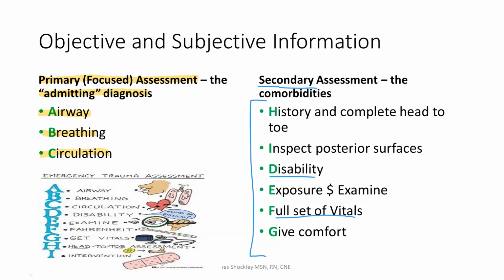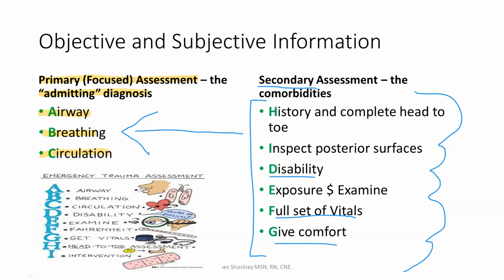This is where we obtain a full set of vital signs, and this is where we do all of our Maslow's. Right? So Maslow's is part of this secondary assessment. Airway, breathing, circulation is always first. Change in LOC, acute before chronic, least invasive to most invasive, and then Maslow's.